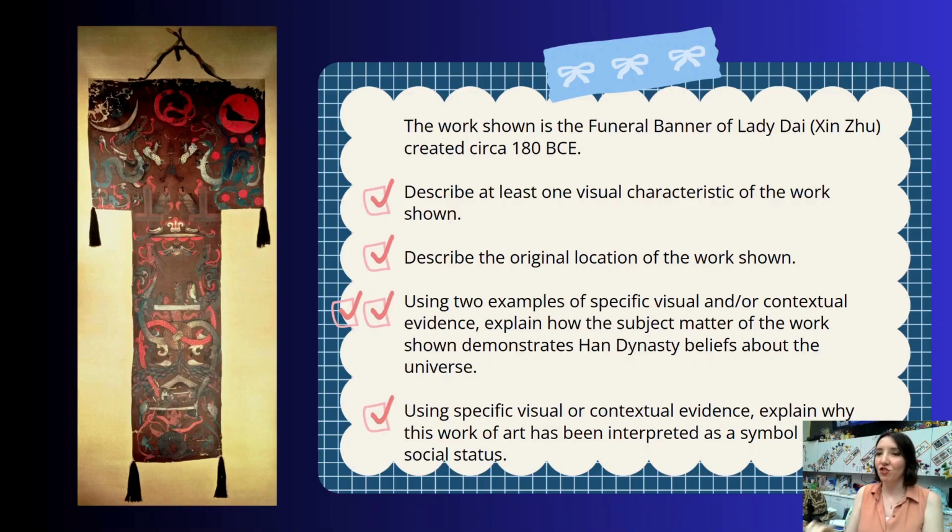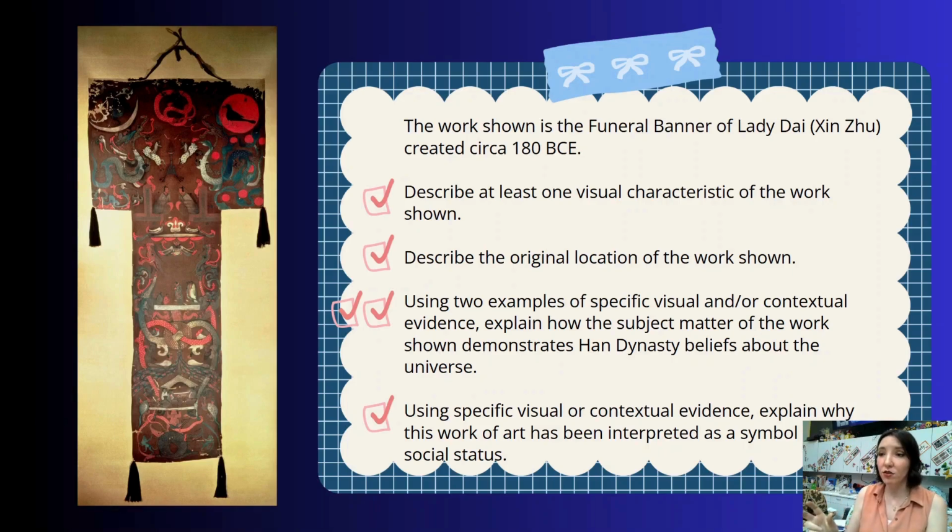Number 2, describe the original location of the work shown. So location's a big word. We'll get into that. This is where contextual, again, is going to be very specific about the piece. The next 2 points: using 2 examples of specific visual and or contextual evidence, explain how the subject matter of the work shown demonstrates Han Dynasty beliefs about the universe. Contextual FRQs can sprinkle in specifics like Han Dynasty.